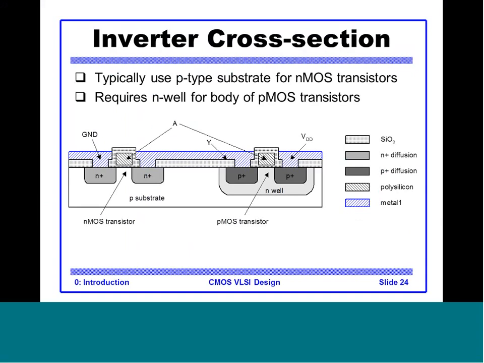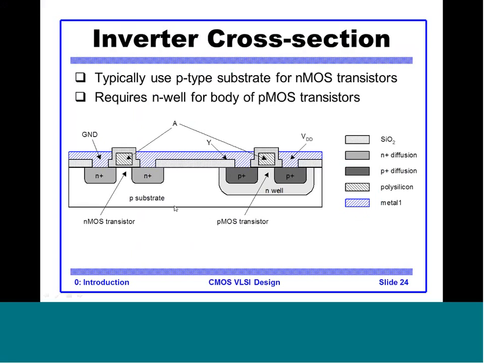Okay, now let's look at the inverter cross section. That is, when the inverter is laid out and manufactured, how does it look on layout? As we remember, the inverter is made up of a PMOS and an NMOS. This part is the NMOS transistor and this part is the PMOS transistor.